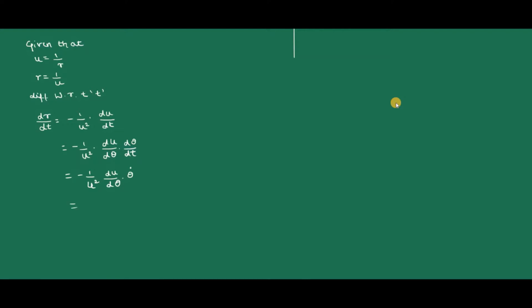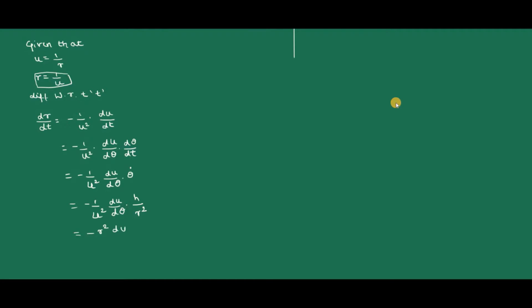Now substitute the value for theta dot. So minus 1 divided by u square, du by d theta, into theta dot value, which is h divided by r square, from equation number 2. But given that 1 by u is equal to r, this means 1 by u square we can also write as r square.